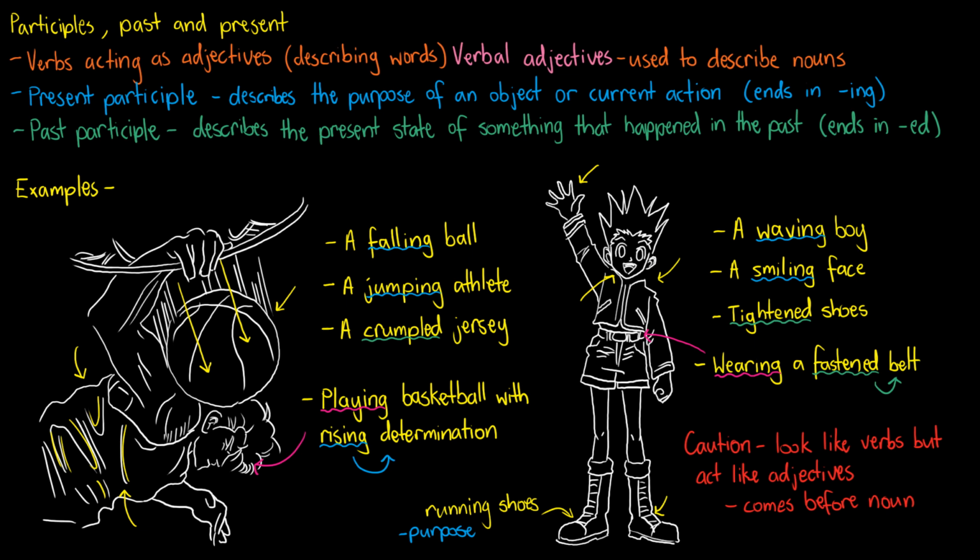So like I said, we'll always see it just before a noun. We'll draw that here. So a falling ball, a jumping athlete, crumpled jersey, a waving boy, a smiling face, tightened shoes, and a fastened belt. We'll highlight all of these nouns as well.